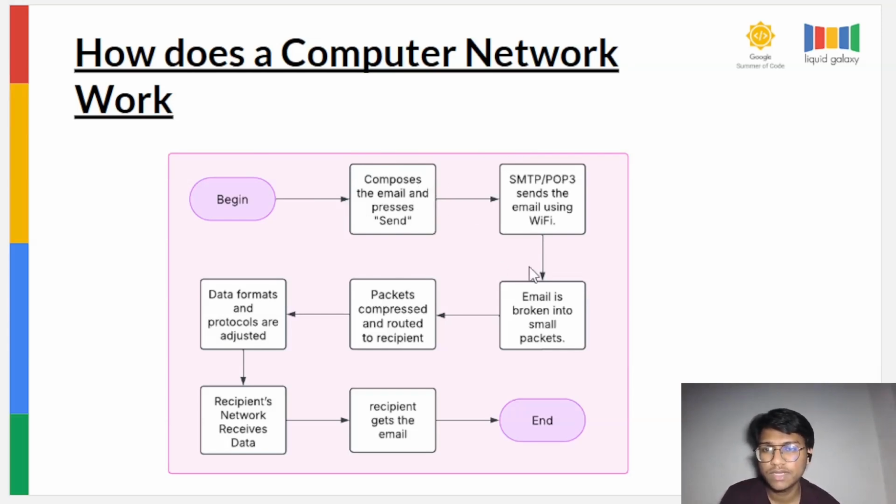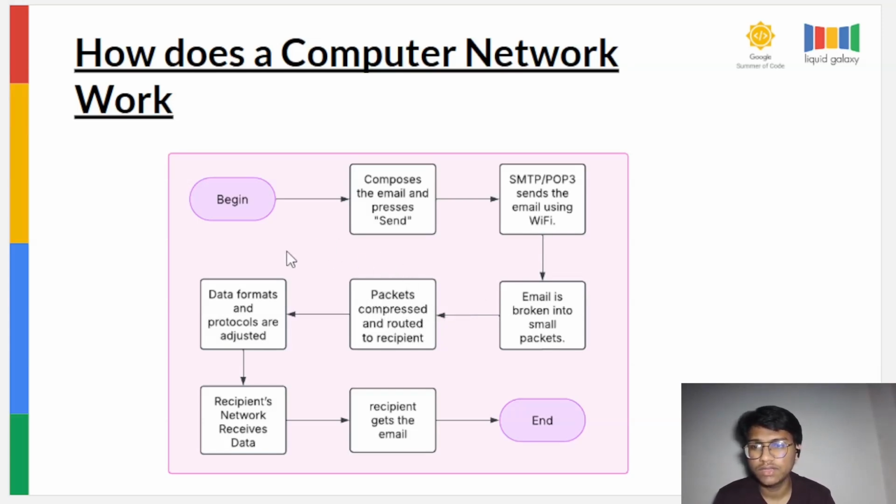So what happens is that SMTP and POP3, these are the transmission protocols which send the email using the Wi-Fi or internet connectivity. Then this email will be broken into small packets. There's a large chunk of data, and it will be broken down into small chunks of data. And these packets are compressed and routed to the recipient.